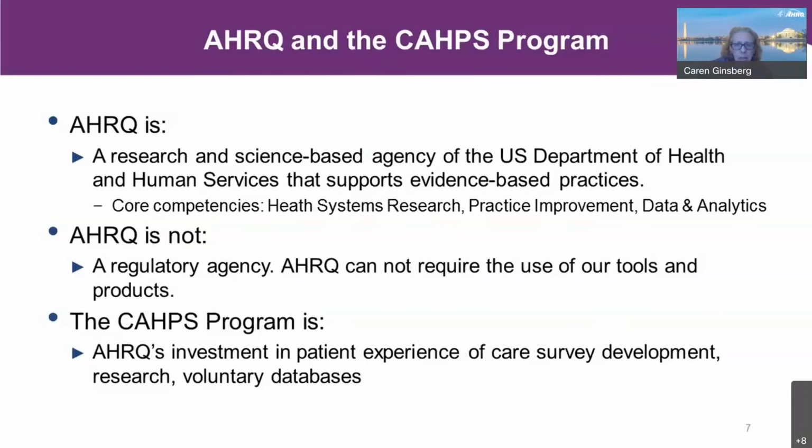And we create tools to assist in improving performance. So it's important for us to get our science out to you, our users, and to push our science to implementation so that you can use our tools and products and benefit from the science that we're pushing forward.